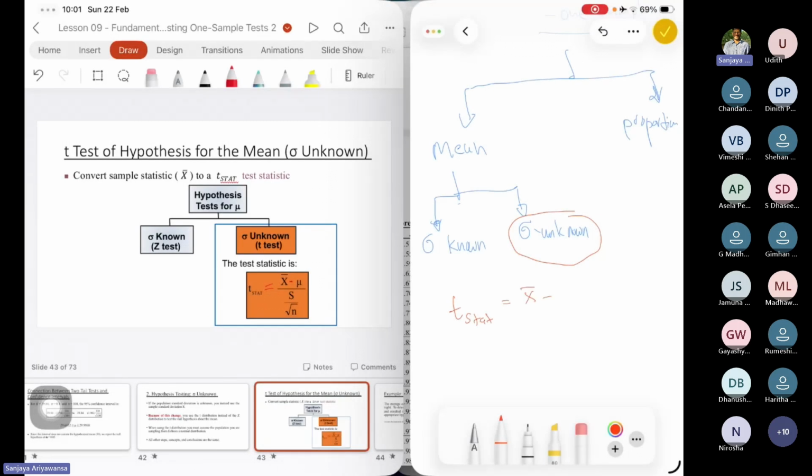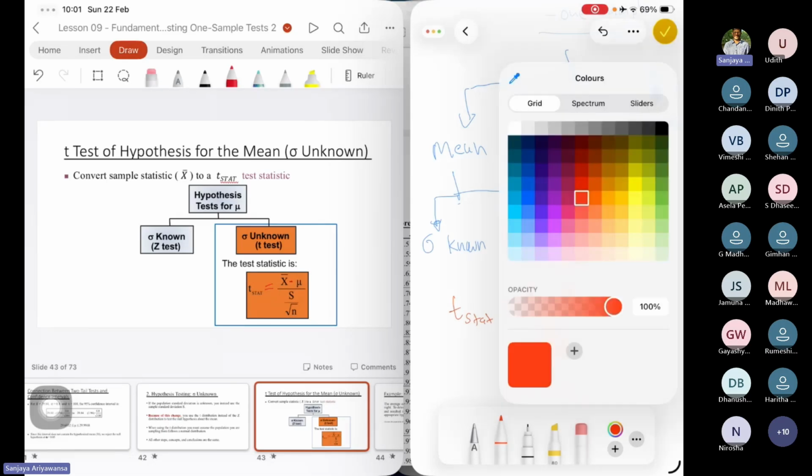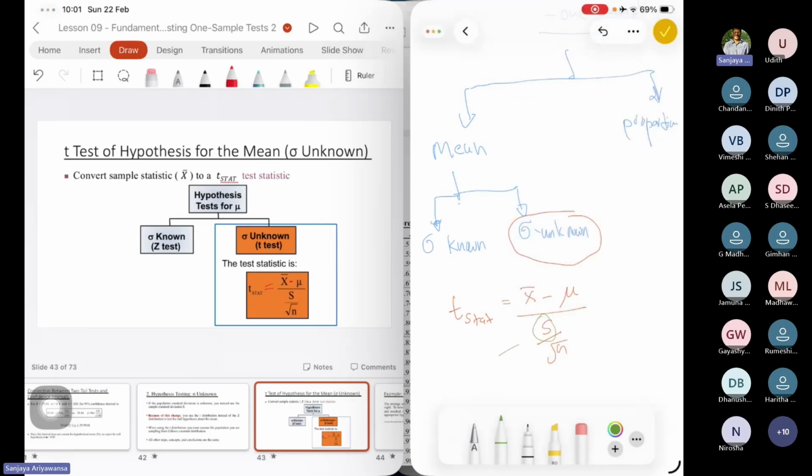And we already know this test statistic, x bar minus mu divided by s over root n. We're not using sigma anymore because sigma is not known, and we are approximating it using the sample standard deviation. So s is the sample standard deviation.